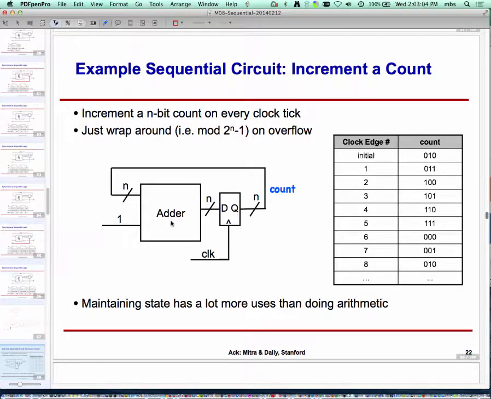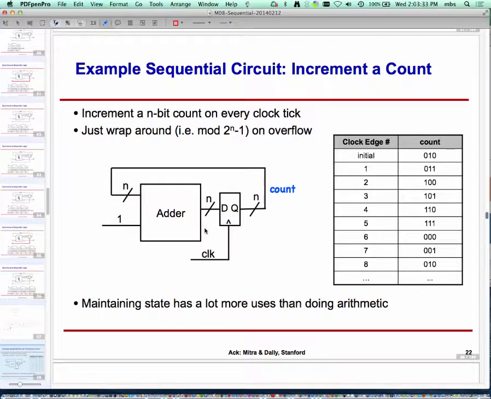One of the adder's inputs is the output of this flip-flop, and the other input is 1, specifically n minus 1 zeros followed by a 1. So at any given point in time, the output of the adder is whatever the flip-flop has at its output plus 1.